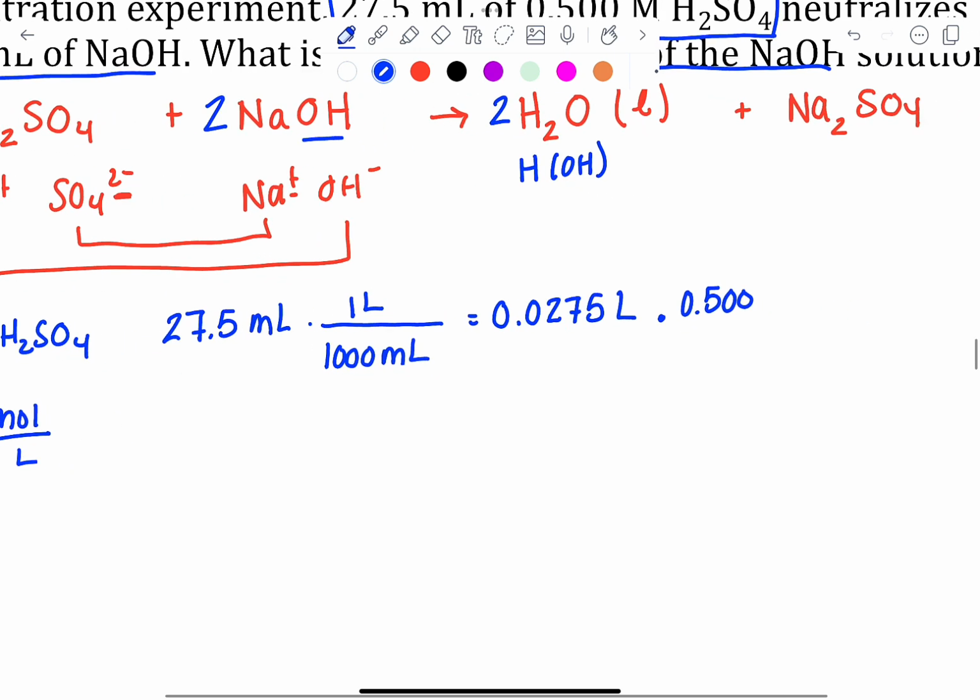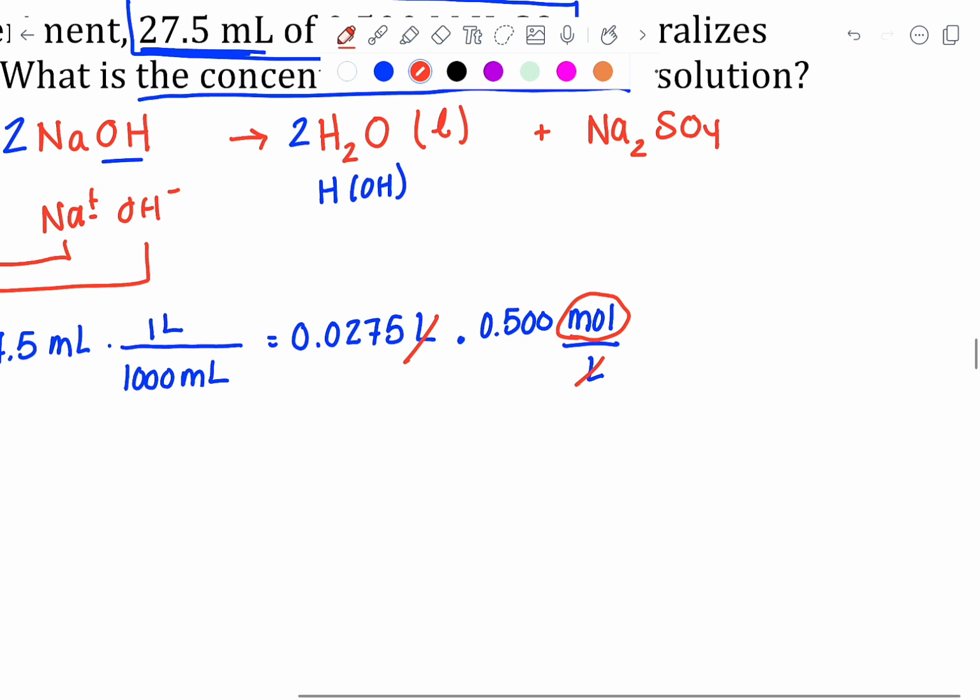We can then take that liters of H2SO4 and multiply it by the molarity, 0.500, and that's going to be moles per liter, where we can see that liters is going to end up canceling, and we're going to be left with moles of H2SO4. So let's pull out our calculator so that we can solve for moles of H2SO4.